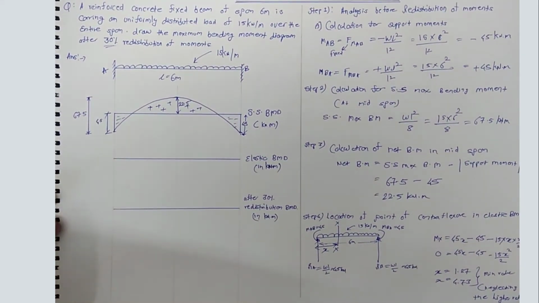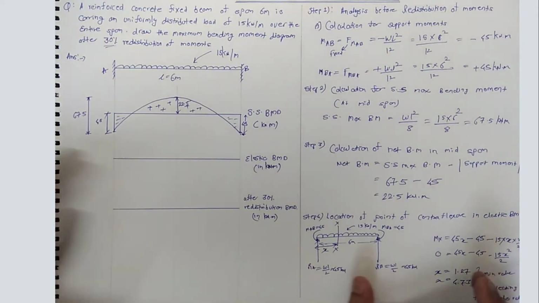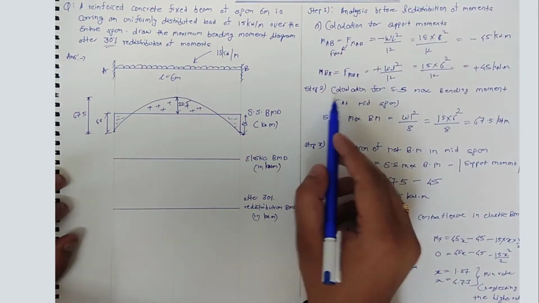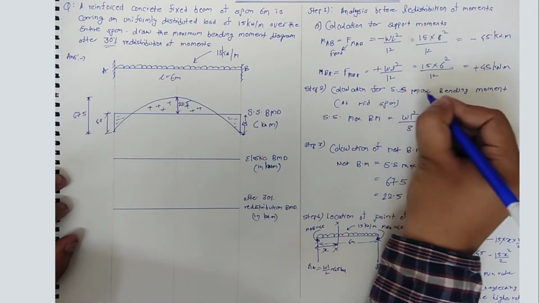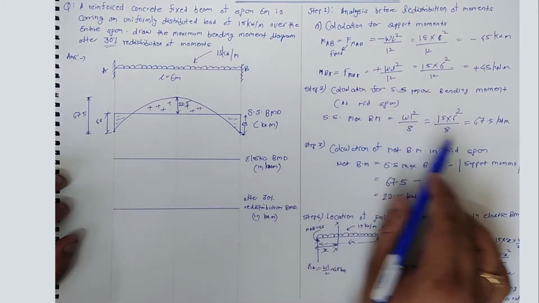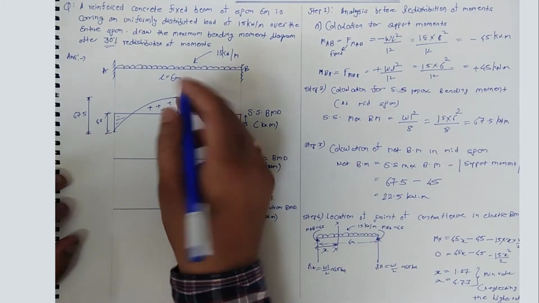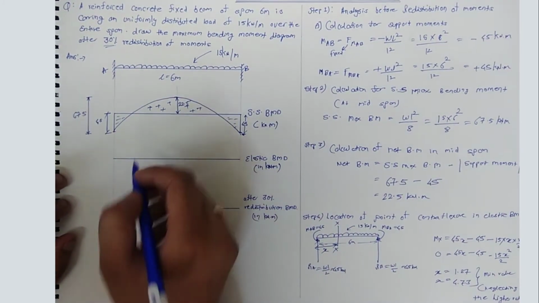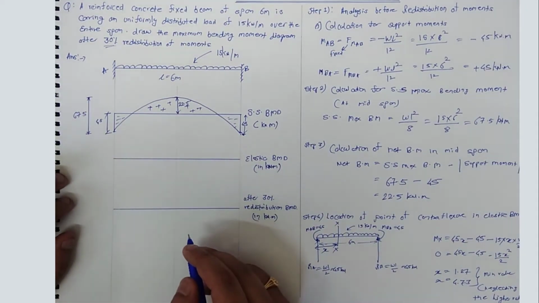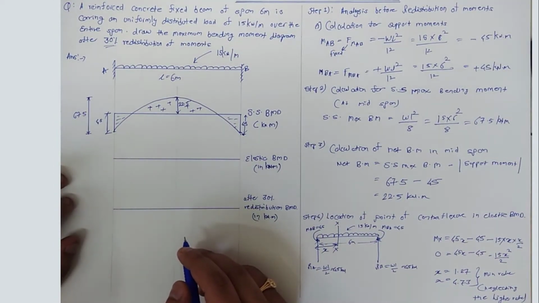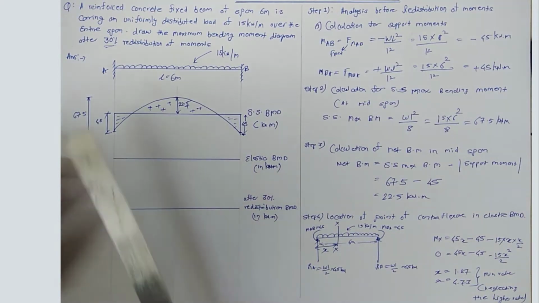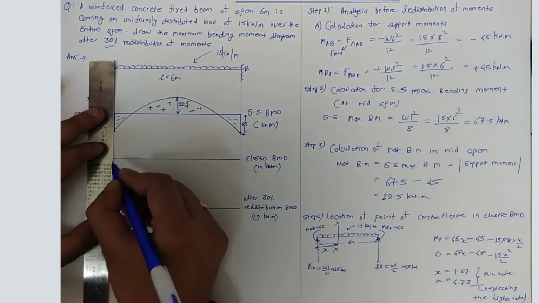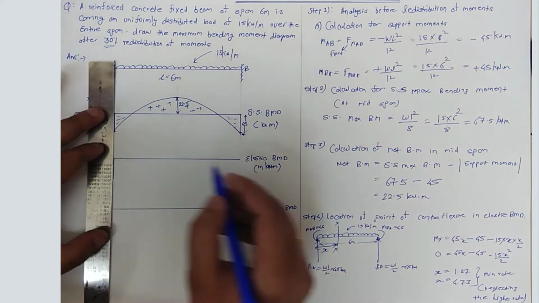So with the help of this, we have calculated first the support moments, then the maximum bending moment at mid span, then the net bending moment, and then the point of contraflexure. So now we will draw the elastic bending moment. It is similar to this, but now we have the exact distance. Similarly I will draw here.